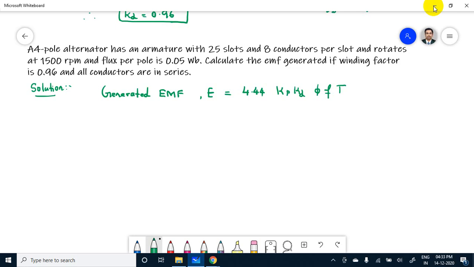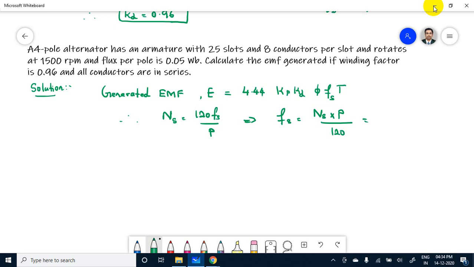Okay. So now you don't know whether frequency is available. No, frequency is not available. So how to calculate frequency? We know that synchronous speed Ns is equal to 120 fs by P. This is supply frequency fs. So from this, fs equal to Ns into P by 120.